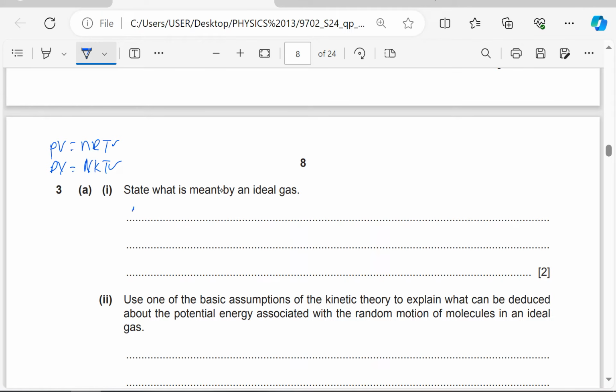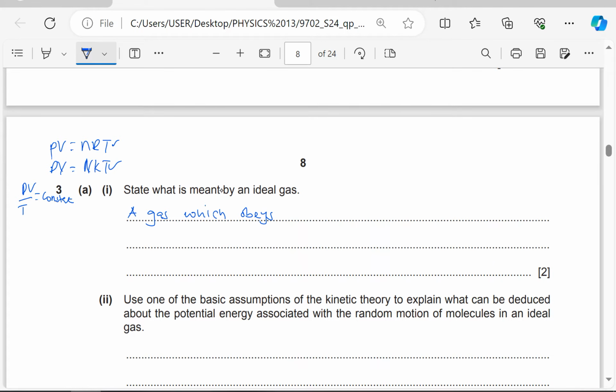So I will simply say a gas which obeys, I think I will use the second one. I can also just use PV over T equals a constant.